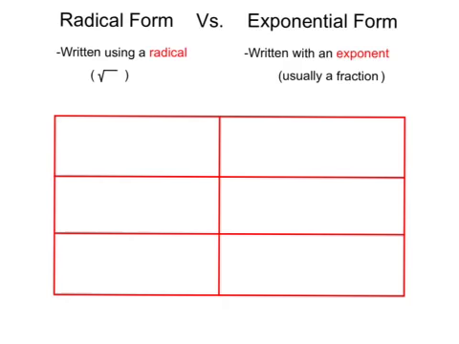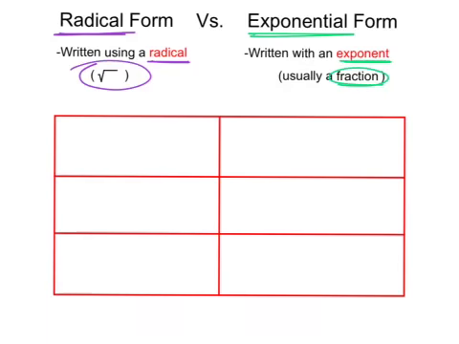So, we have a little practice on radical versus exponential forms. Remember, radical form uses a radical. Exponential form uses an exponent. Remember, it's probably going to be a fraction. So if we throw some examples out there, what if we have the square root of a to the 3rd?